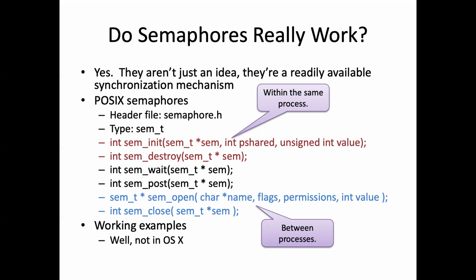Code that uses it will still compile, but it's not super useful if it doesn't actually do anything. So just be careful if you're accustomed to developing on a Macintosh for this. You'll want to use one of the remote Linux machines, or you could run a VM and develop on that if you wanted. And even if you have a VM running on your Macintosh, these semaphores will still work just fine. They just don't work on the host.